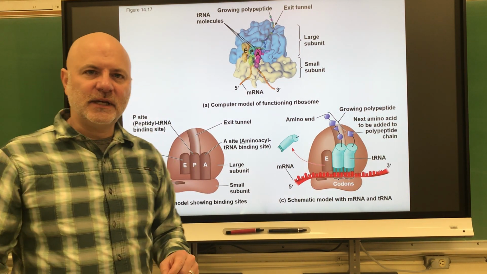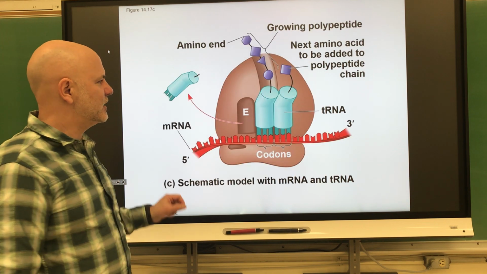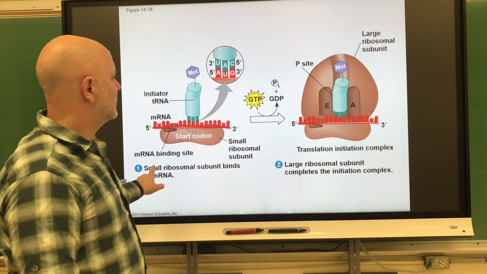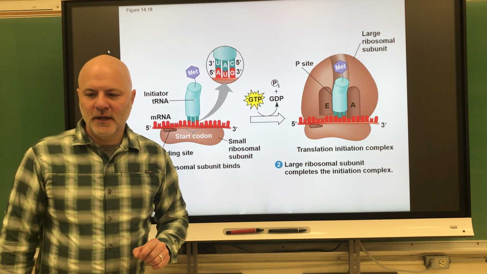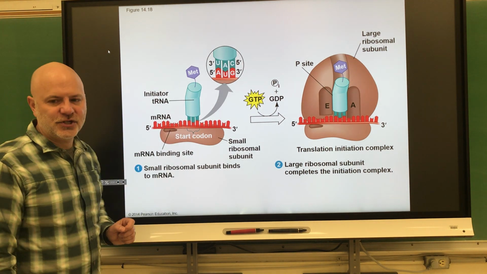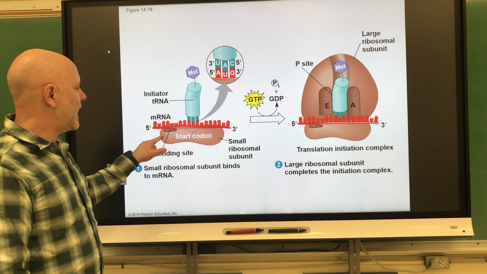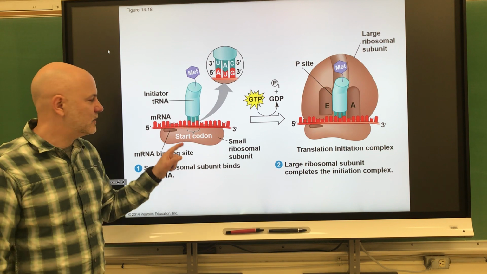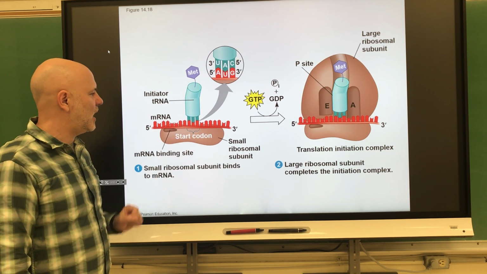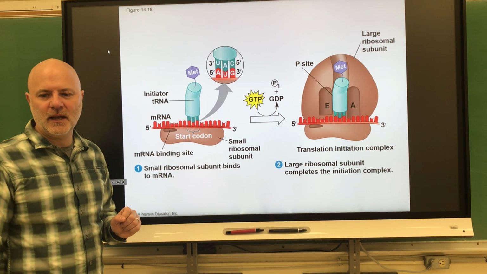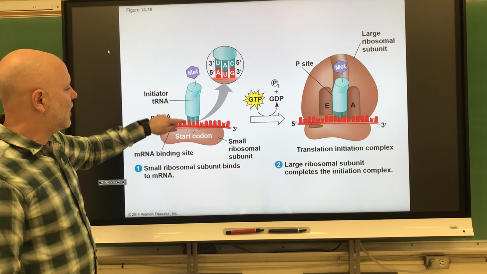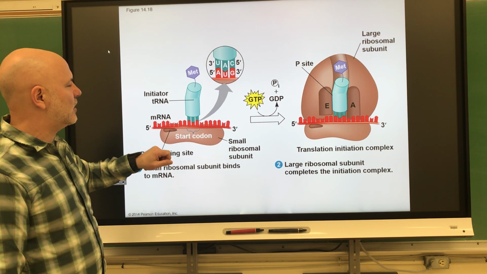Let's look at now the steps in translation. So let's go to the next picture here. In chain initiation, the messenger RNA is going to bind to the smaller ribosomal subunit. Then the first transfer RNA is going to bind at the start codon.